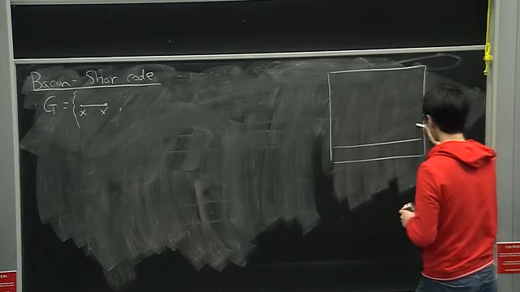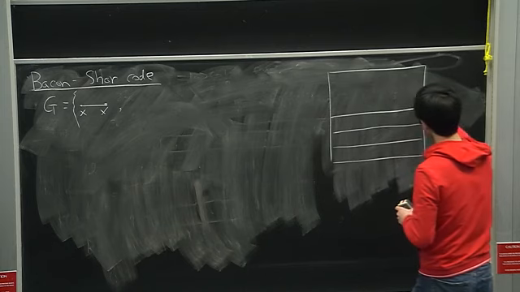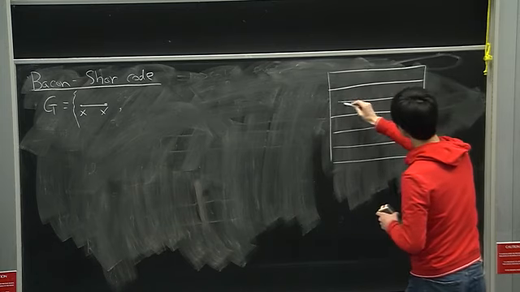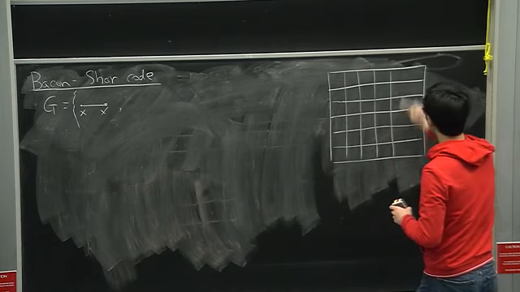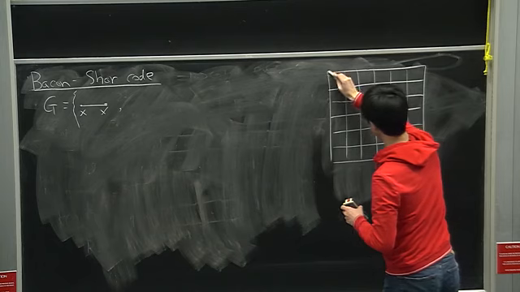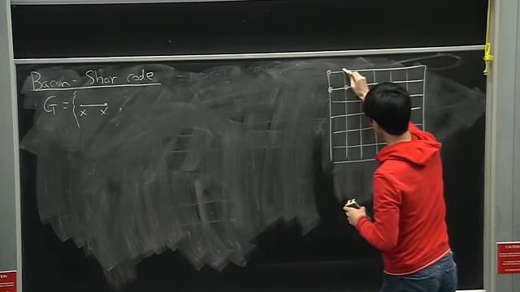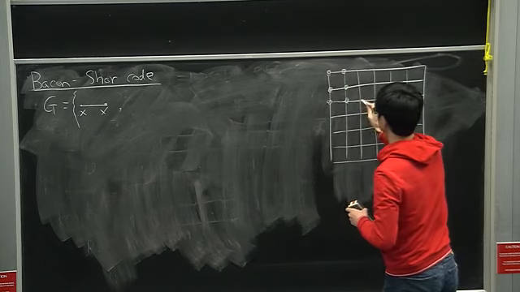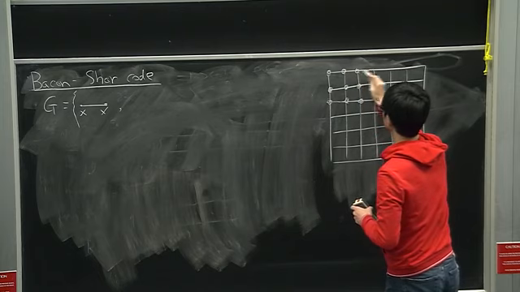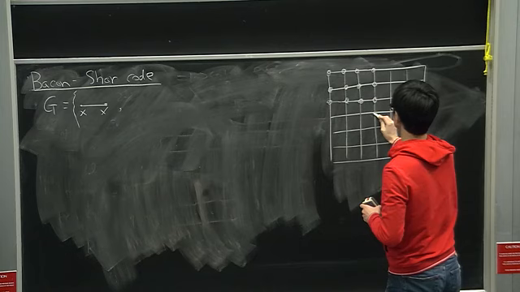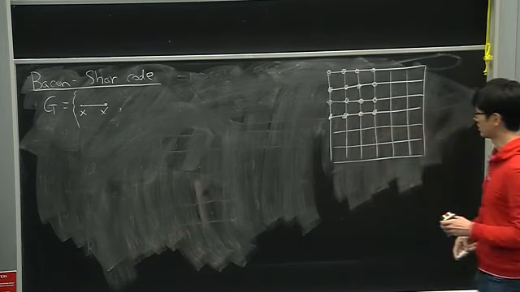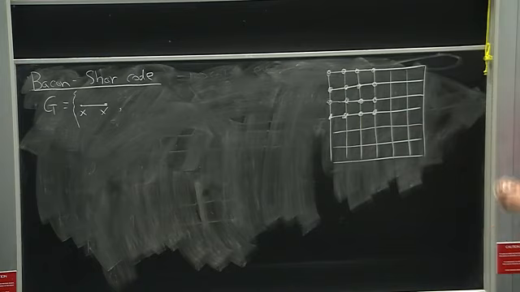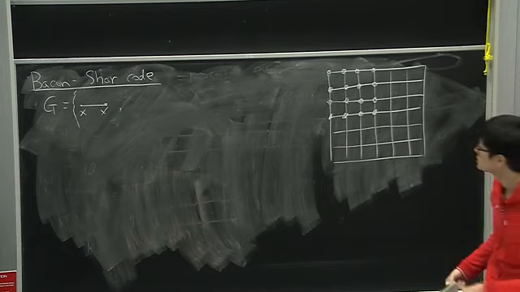You can think about two-dimensional lattice, where qubits are sitting on vertices, and we are going to put a periodic boundary condition. So this is living on a torus.